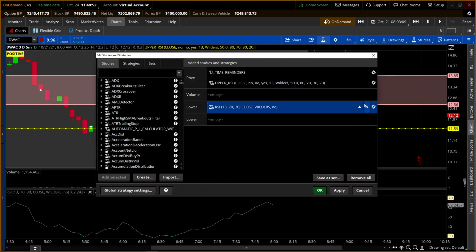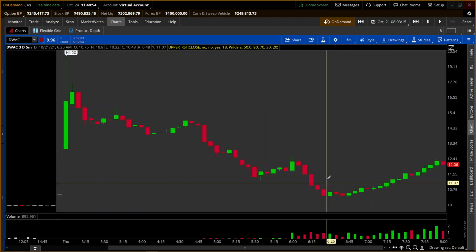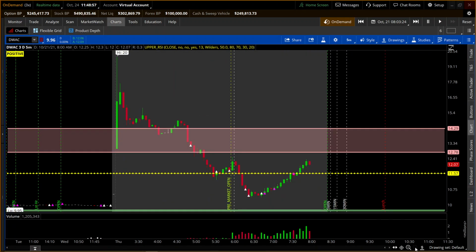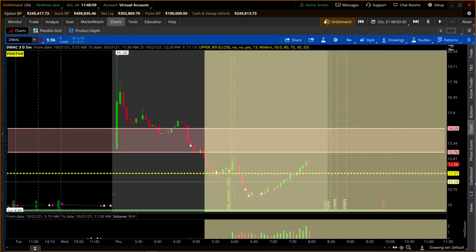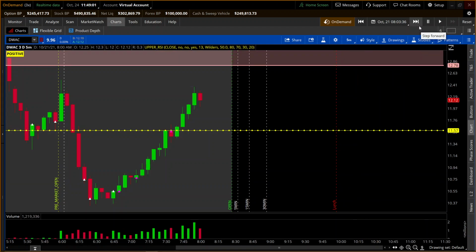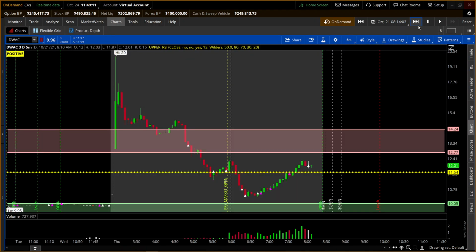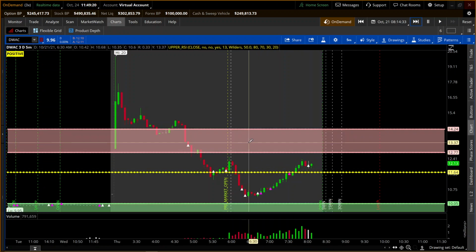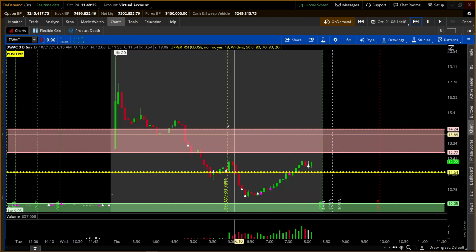So I'm going to go ahead and remove the regular RSI so you can see the full picture of the upper RSI. You're familiar with the Donald Trump social media stock, DWAC. This is it. If you remember, it sold all the way off down here and it was oversold, and then it started to climb up. The indicator adjusts itself accordingly, just like RSI will.